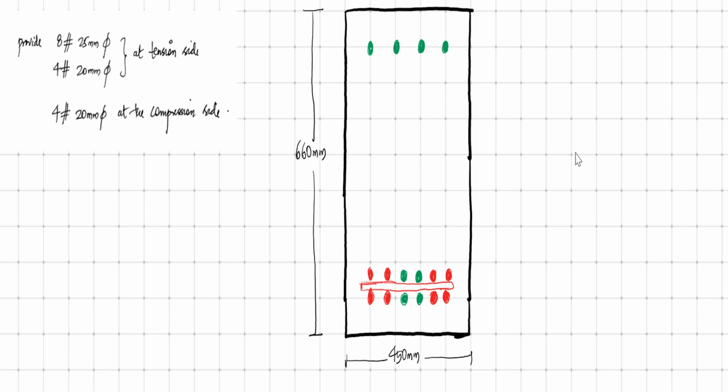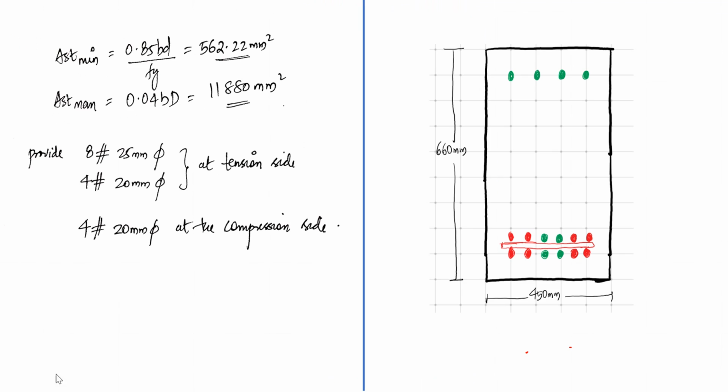Now 4 bars of 20 mm will be placed at the compression side. So this is how your section will look. Now you have your total depth like this, 660, 450, and your bars will be placed in this way. The larger bar will be placed to hold these two bars, that is for separation.